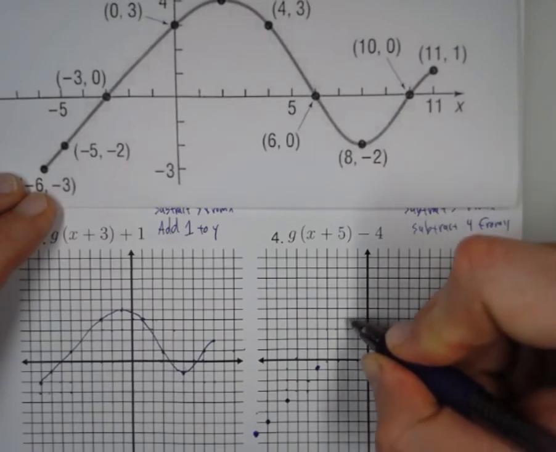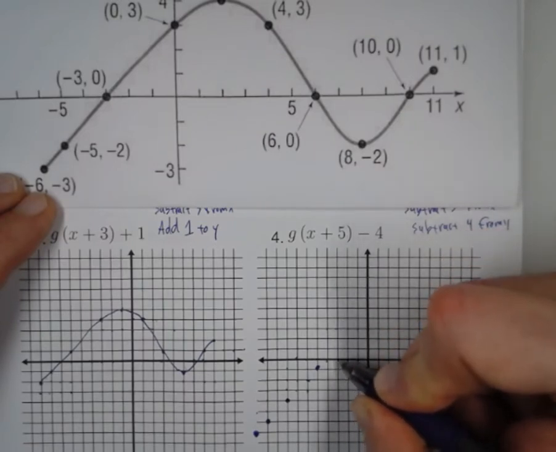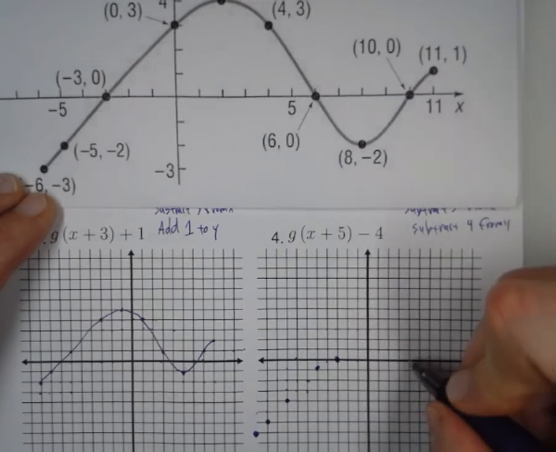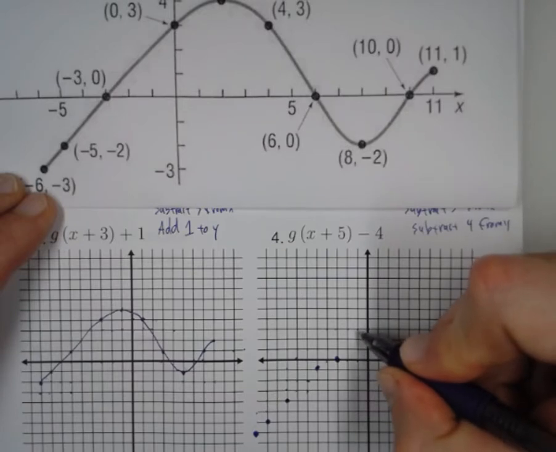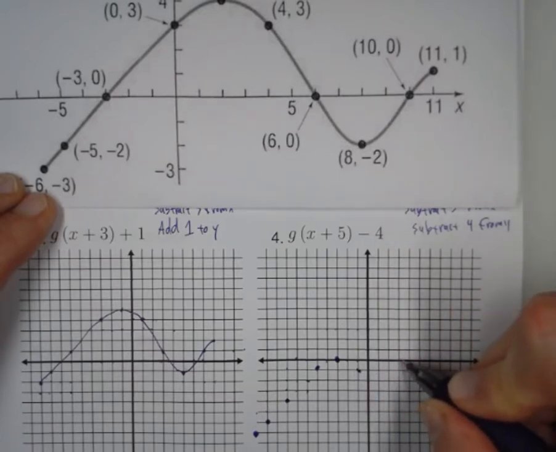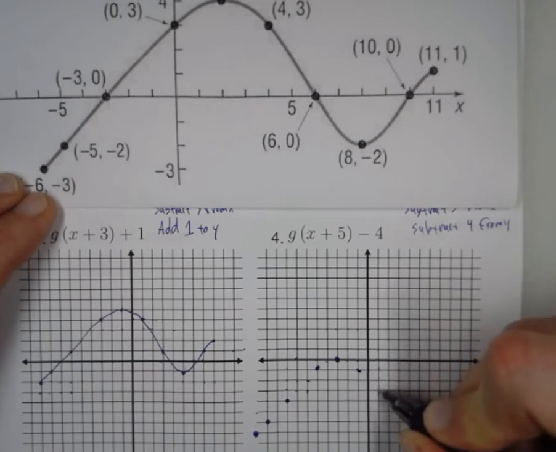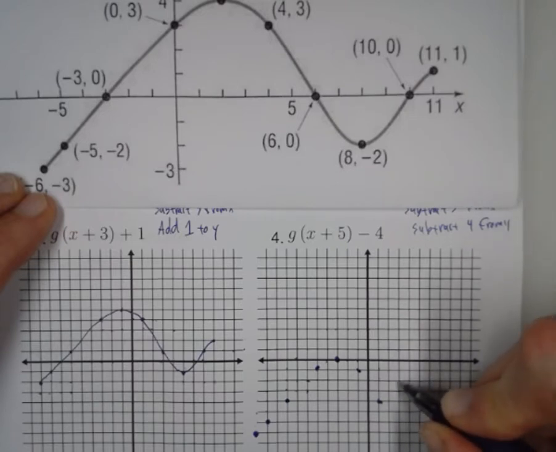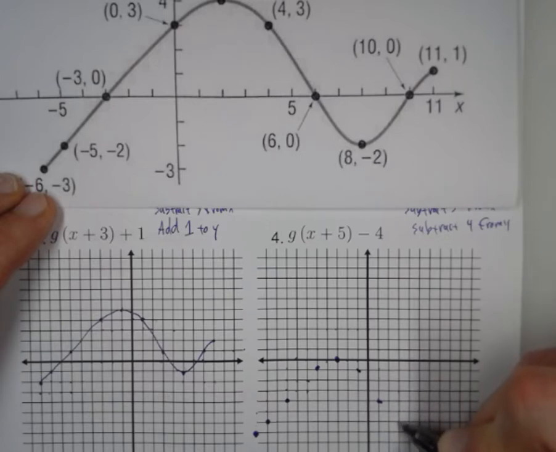Right here, 1, 2, 3, 4, 5, down 4 like that. 4, 3, go over 5, down 4. 6, 0. 1, 2, 3, 4, 5, 1, 2, 3, 4. 8, -2, we go over 1, 2, 3, 4, 5, 1, 2, 3.